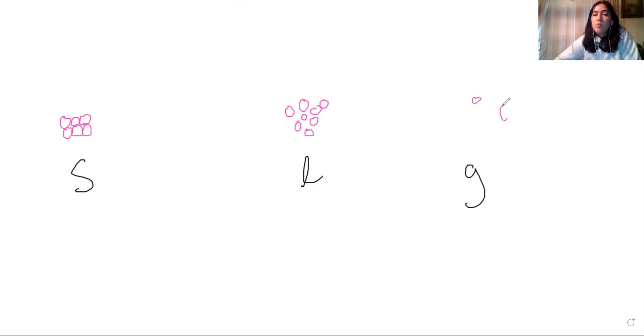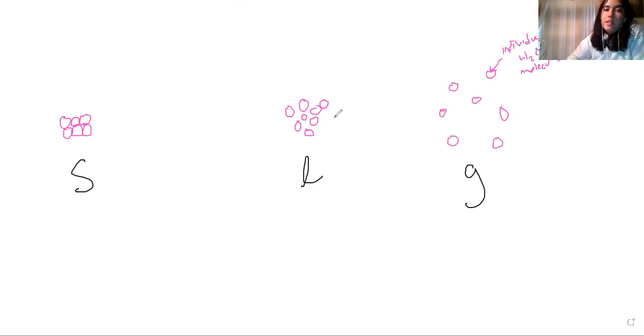Now, gas, you've pulled them apart completely. These are unbonded, no more intermolecular forces. So these little dots are individual H2O molecules. Okay, so what's happening here?